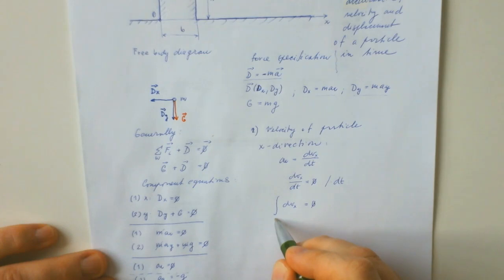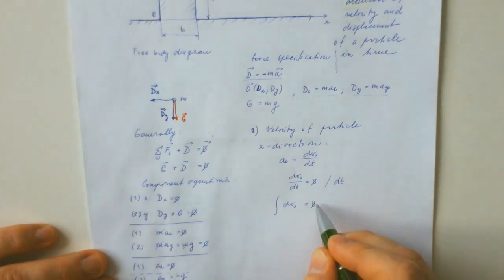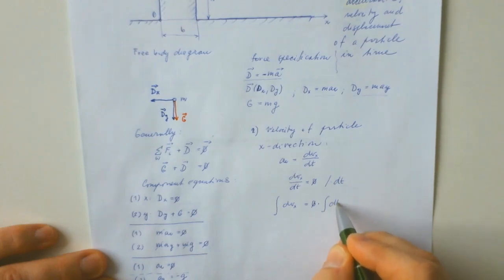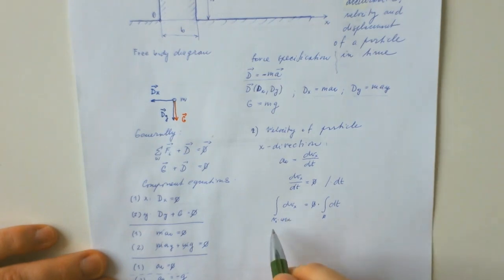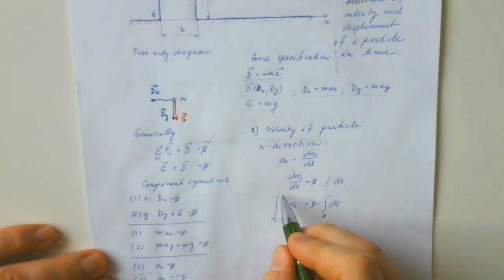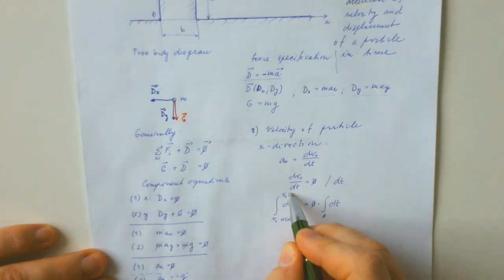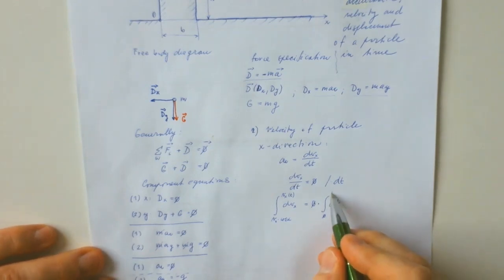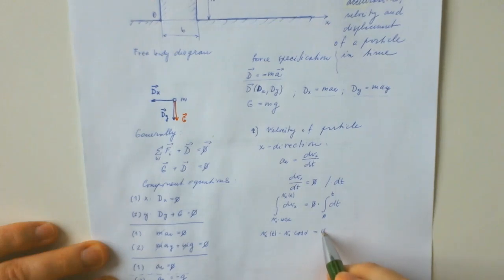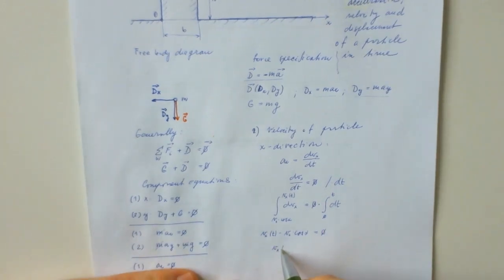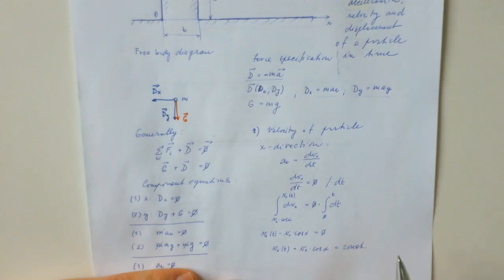At time 0 the initial velocity is v0 by cosine alpha, the x component of v0, and there is the general size of v. After integration we get this.